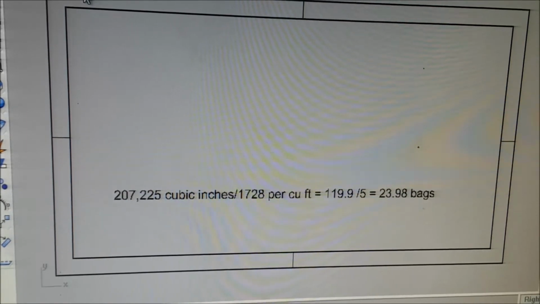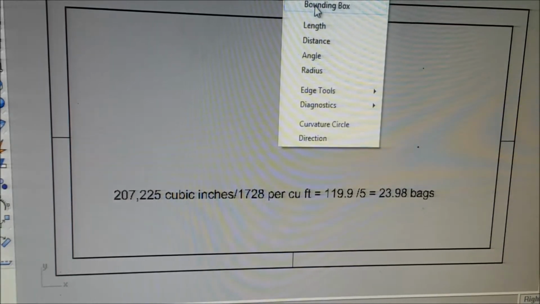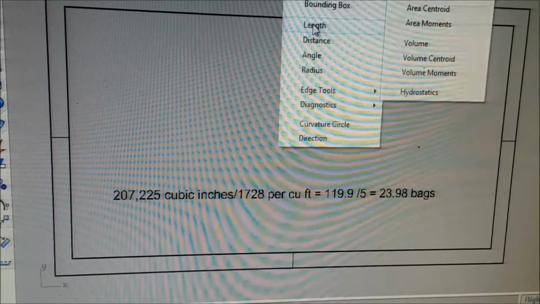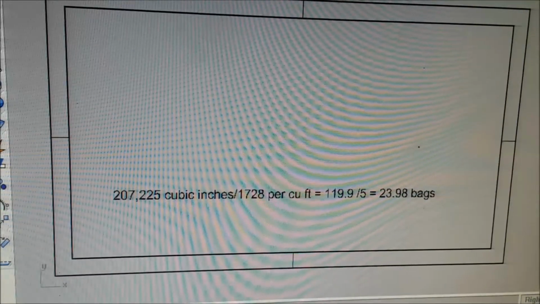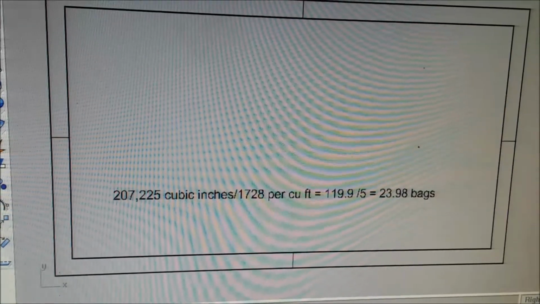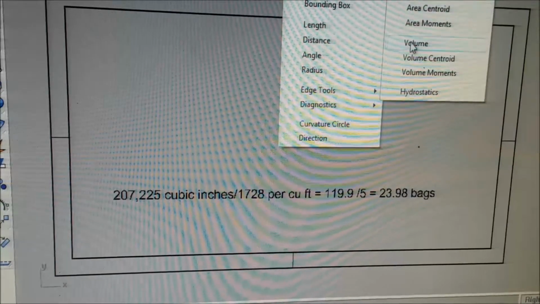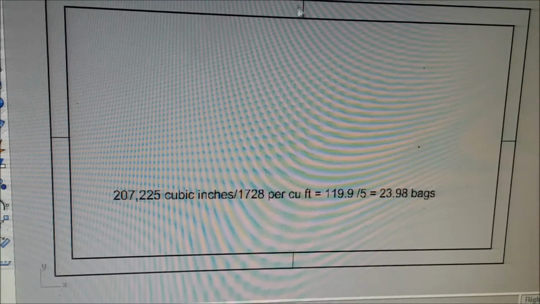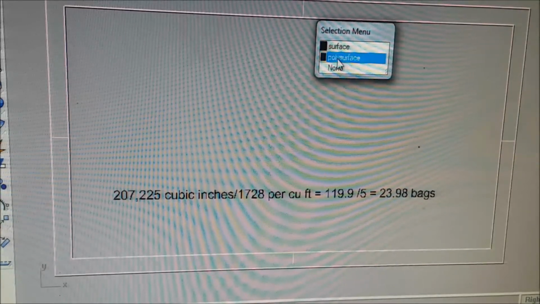So in this one, we just analyze length. No, we don't have to do that even. Wait a minute, we can do it even easier. Analyze mass properties, volume, and this whole box.